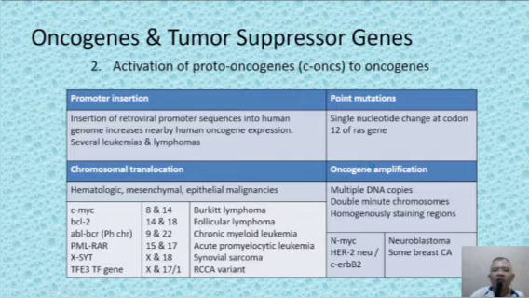And you also have oncogene amplification, wherein the tumor produces multiple DNA copies of the oncogene. For example, in neuroblastoma, the oncogene involved is N-MYC. For some breast CA, the oncogene involved is HER2-neu or ERBB2.